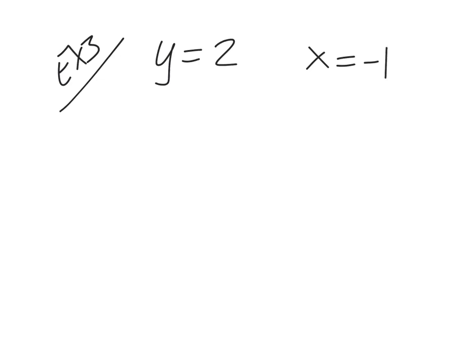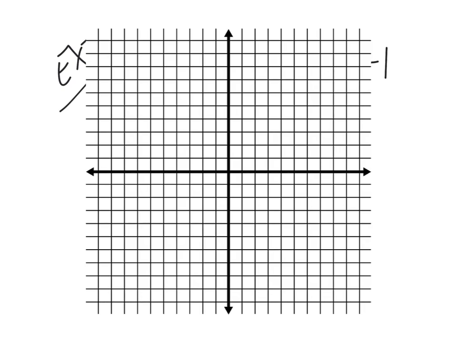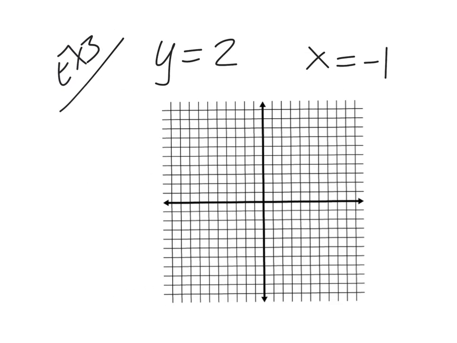All right, example 3. We're going to graph these two equations, y equals 2 and x equals -1. First of all, do either one of these have a slope? No. What do you guys think?